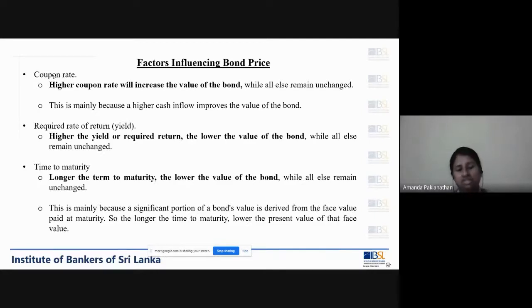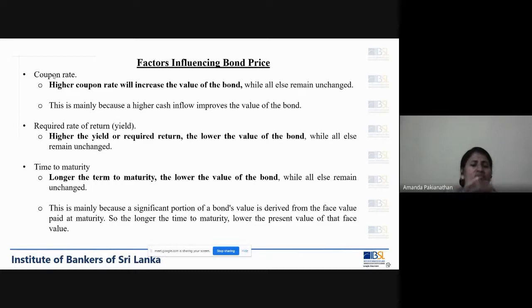Time to maturity. How long is the balance tenor left for its maturity. Now let's say all other factors are same, but one bond has 3 years left to maturity and another bond has 5 years left to maturity.